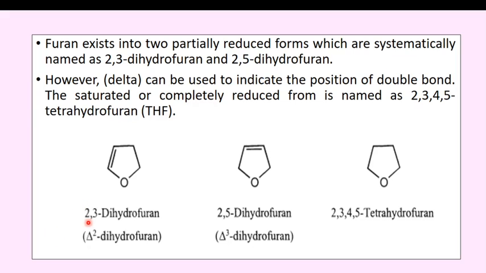So this one is 2,3-dihydrofuran because of presence of extra hydrogen at second and third position. Then this one is 2,5-dihydrofuran. So here it is delta 3-dihydrofuran. Then this one is 2,3,4,5-tetrahydrofuran, with extra hydrogen at second, third, fourth and fifth position.